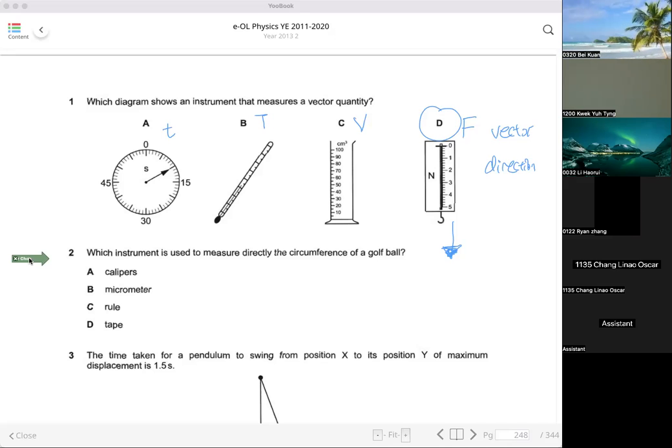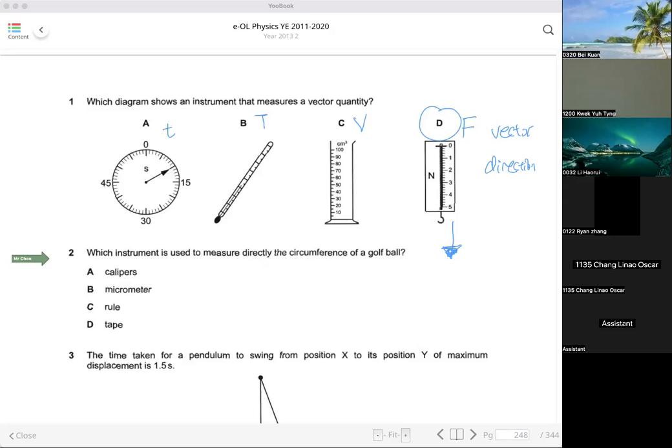You're supposed to measure directly the circumference of a golf ball. Yiting, can you try again? A caliper can only measure the diameter. So you want to measure directly the circumference. So what do you use?